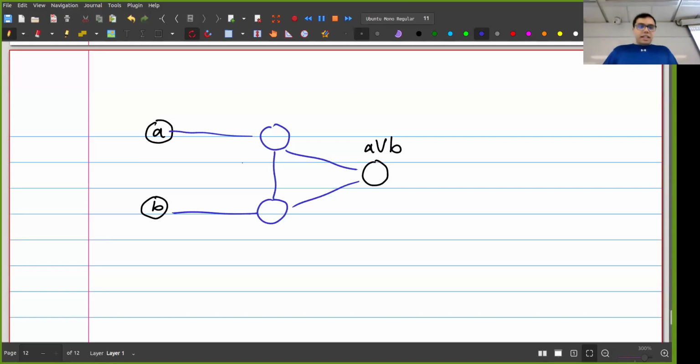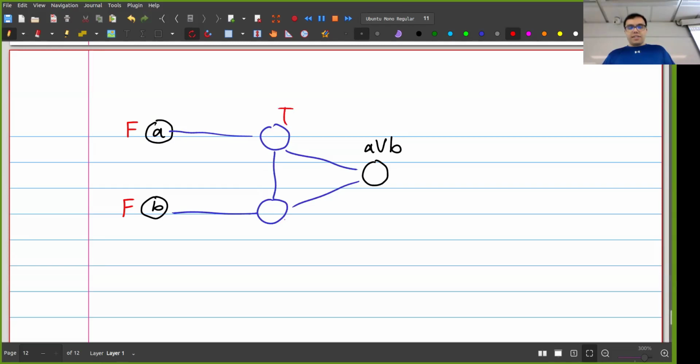First of all, if both A and B are assigned the false color, then these 2 vertices cannot have the false color. But they're connected to each other, so they cannot have the same color either. So one of them is going to have the true color, and the other one is going to have the dummy color.